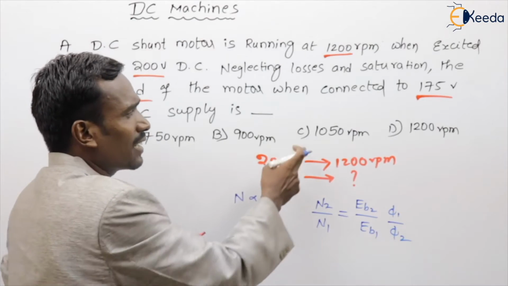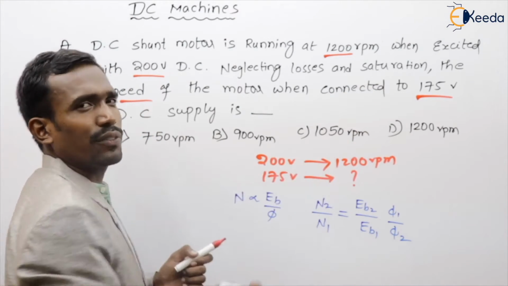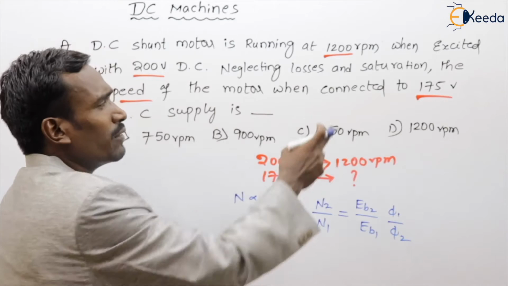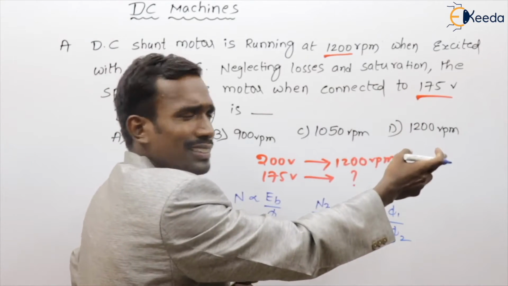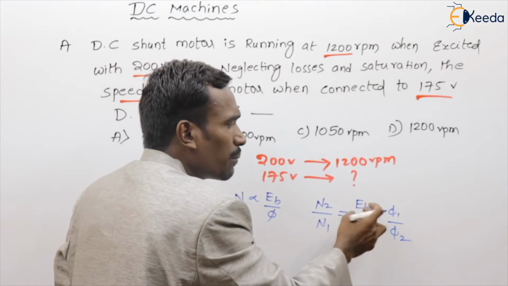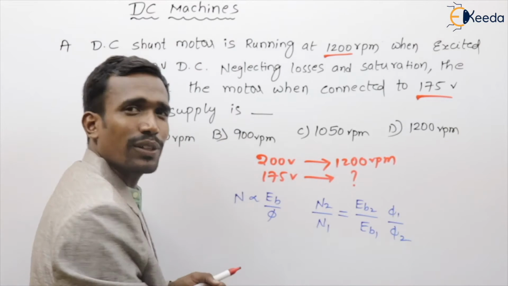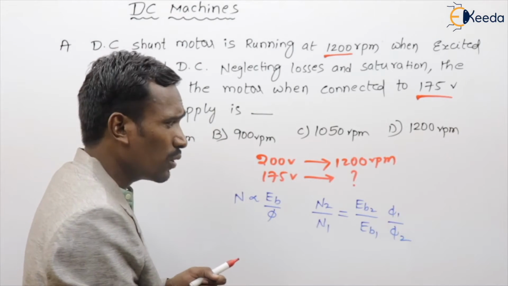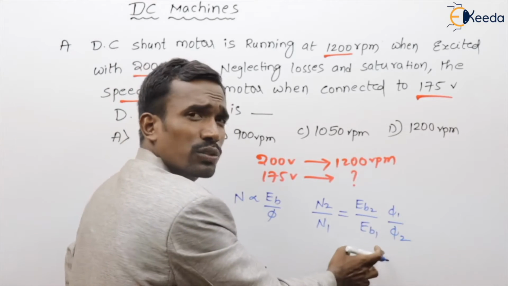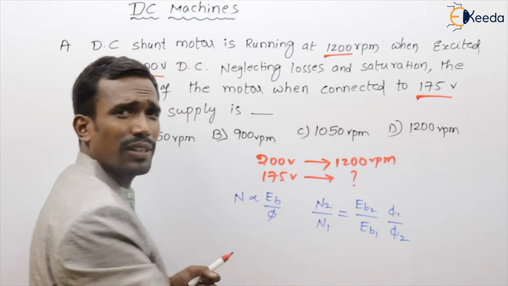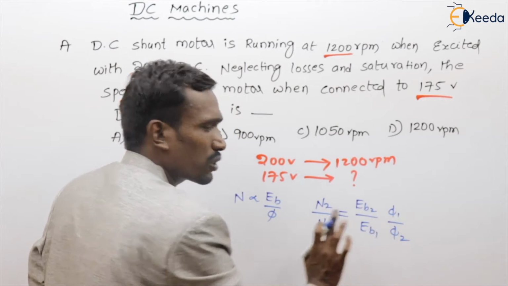And he said that the voltage is reduced to 175 volts. When voltage is reduced, the corresponding back EMF also reduces, and the corresponding flux also reduces. Yes or no?